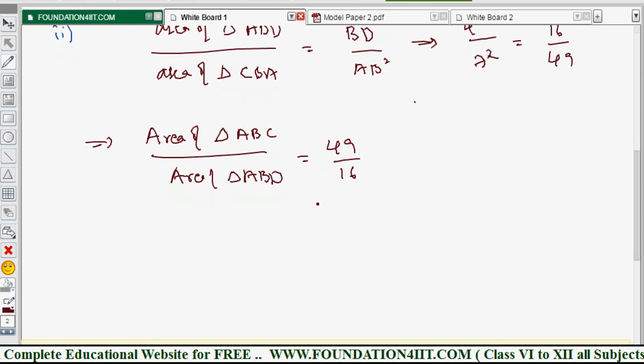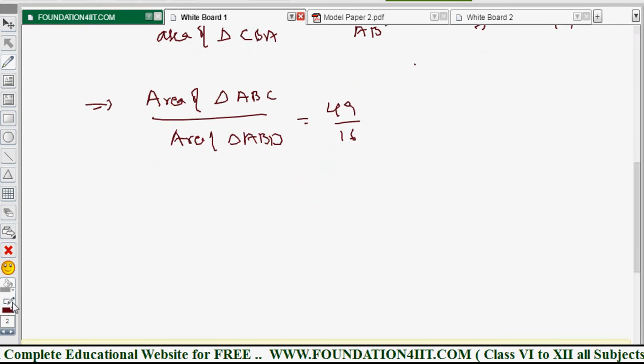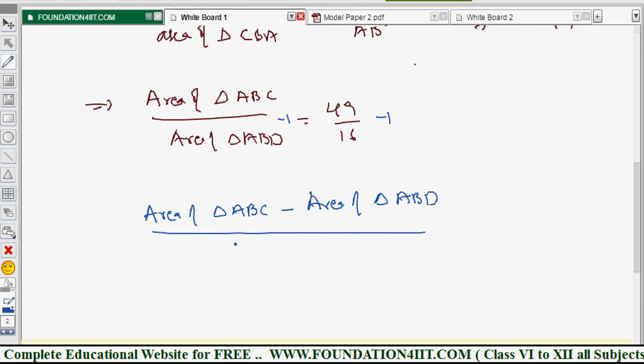Now subtract 1 on both sides. Then the area of triangle ABC minus the area of triangle ABD, by the area of triangle ABD, is 49 minus 16 by 16.